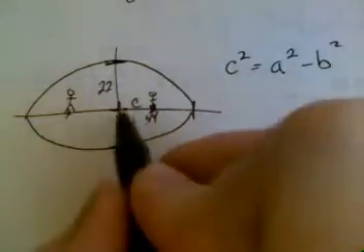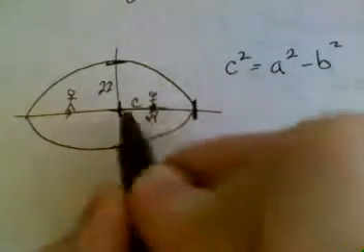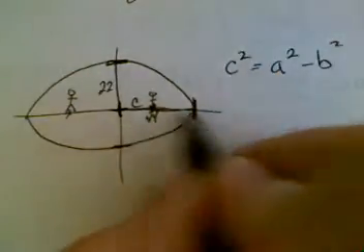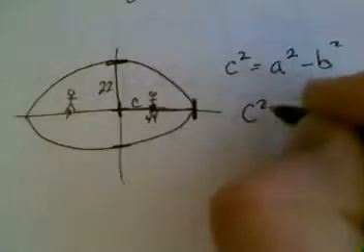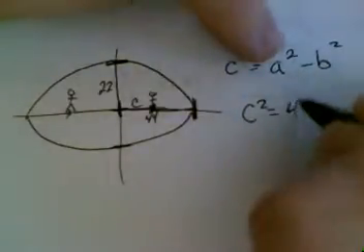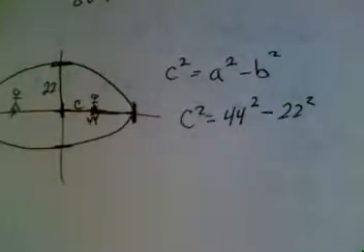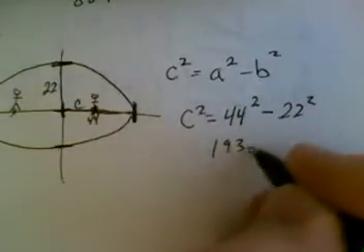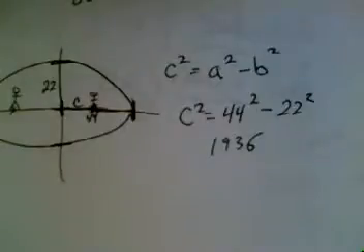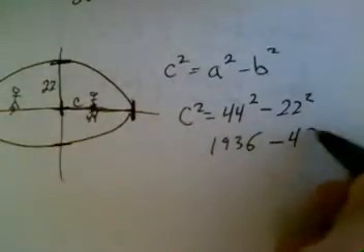Out of the two values that I have for a or b, which one's larger? This one is. So that means c squared is equal to a squared, 44 squared, minus b squared, 22 squared. Now if I were to multiply those out, 44 times 44 is 1936, and 22 times 22 is minus 484.